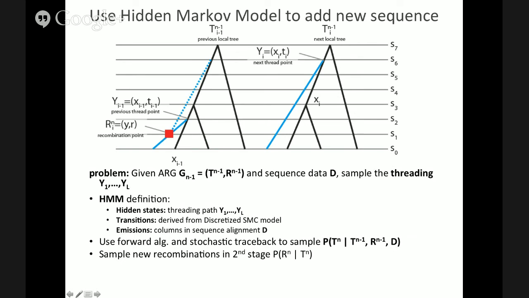Well, with it, we could apply the forward algorithm and stochastic traceback. And that would allow us to sample a particular threading of this new sequence. That is, we could sample a vector of trees, each of them with n leaves, given a vector of trees with n-1 leaves, recombinations, and the data.